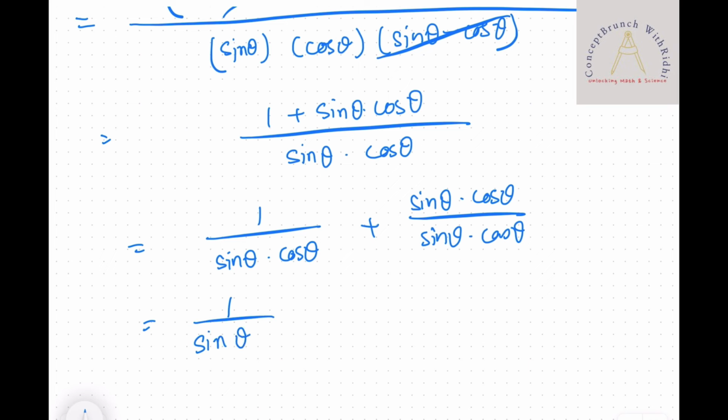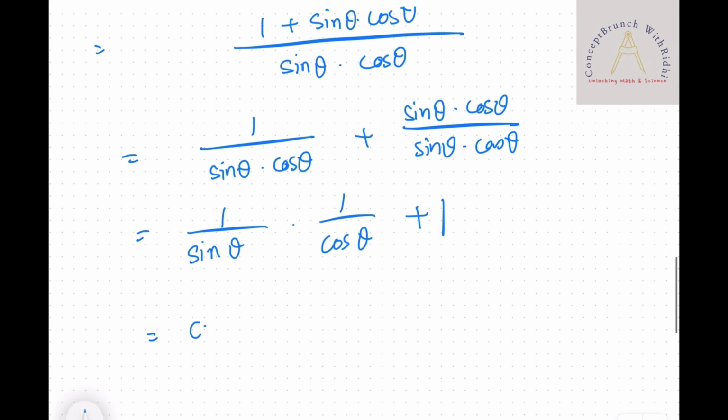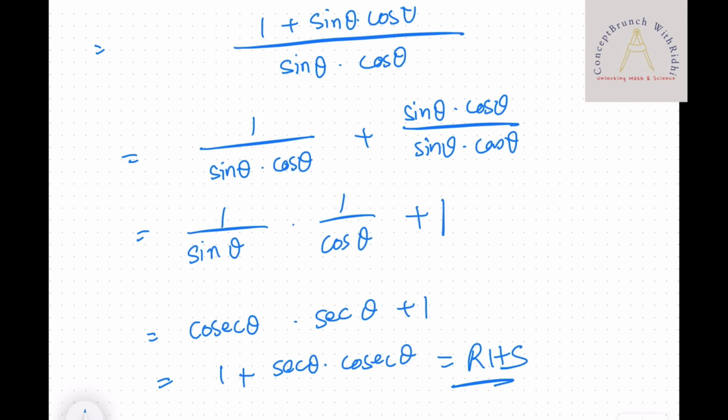So 1 over sin theta times of 1 over cos theta plus 1. So here we can write cosec theta times of secant theta plus 1. So rearrange it everything. So 1 plus secant theta times of cosec theta, and this is your RHS, hence proved.